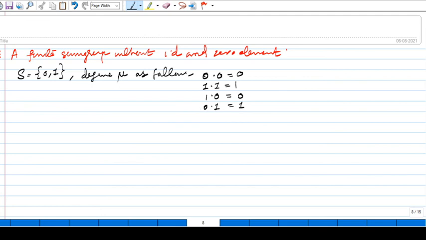Now, even if there is an identity and 0 element, it must be either 0 or 1. So first we will show there is no identity element.